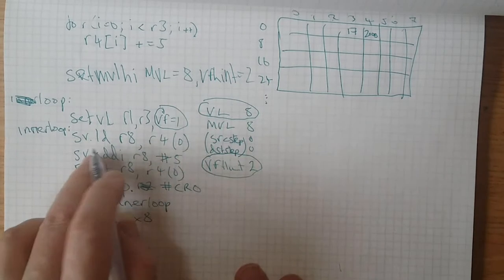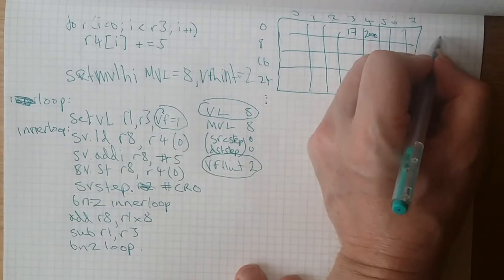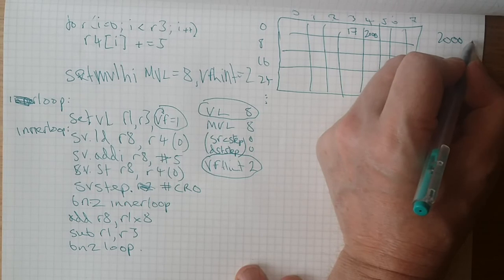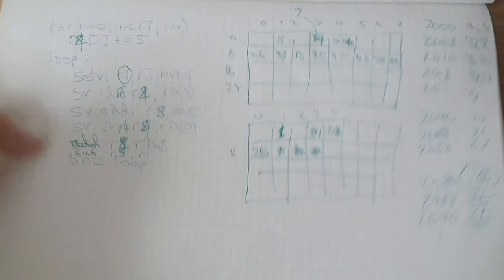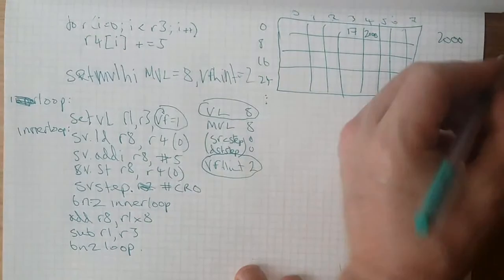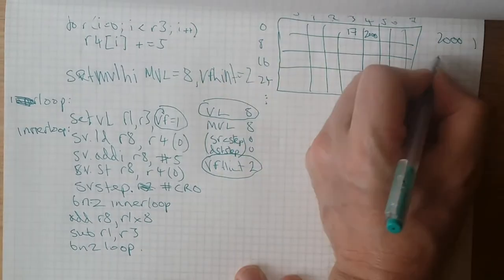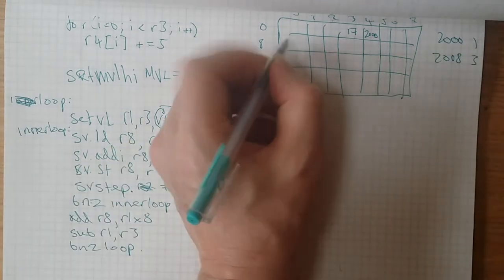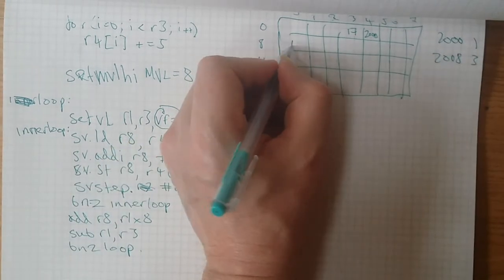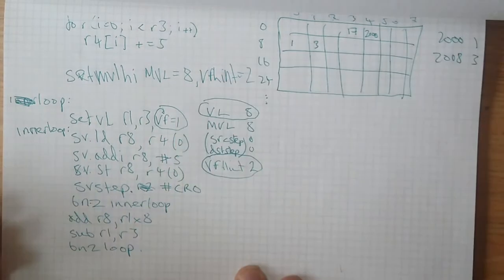So only 2 elements are loaded from memory. 2000 has value 1. 2008 has the value 3. So you get the value 1 and the value 3 loaded.